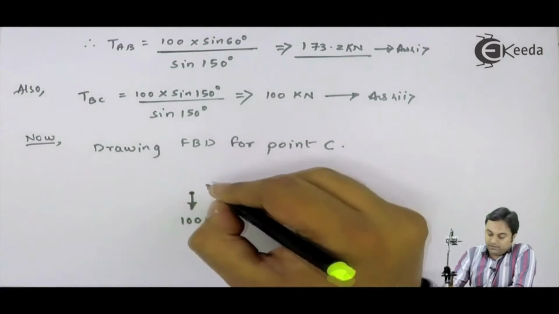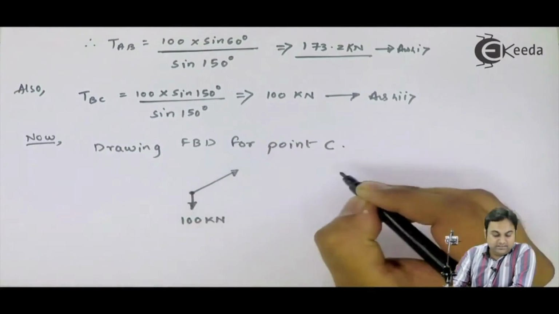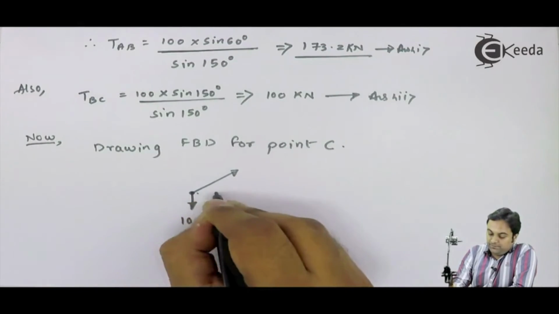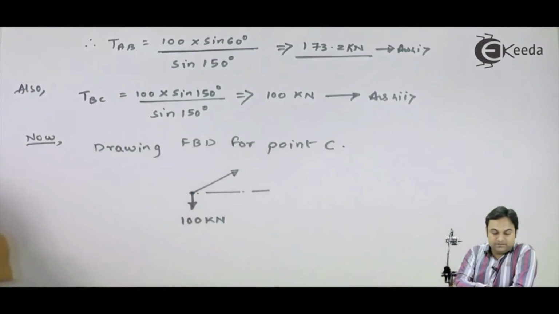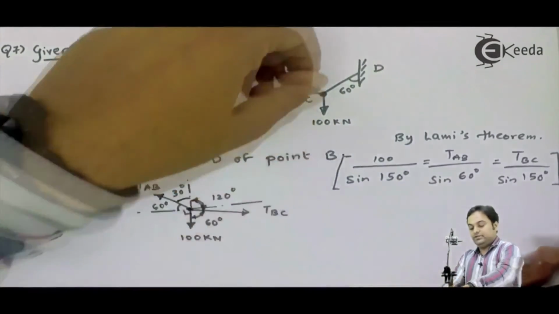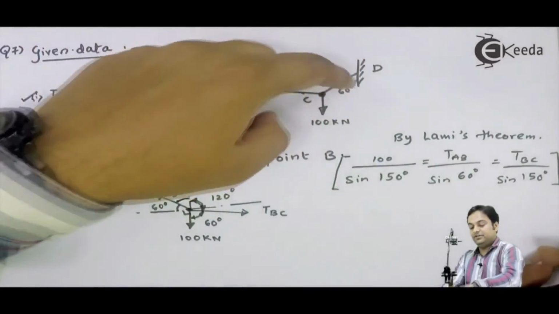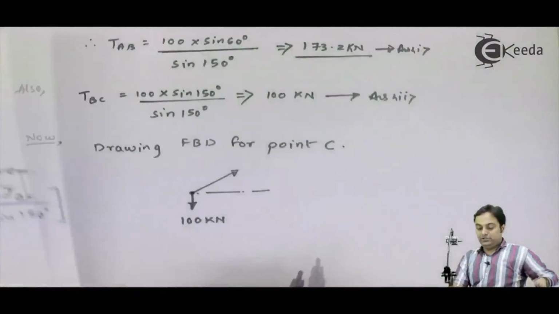Then here I have tension in CD inclined at 60 degree with vertical. It is given that tension in rope CD is inclined at 60 degree with vertical. So with horizontal it will be 30.